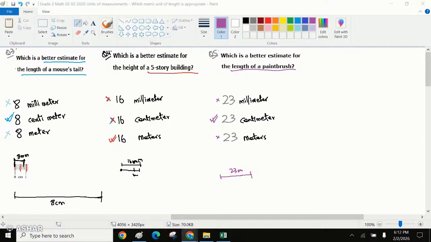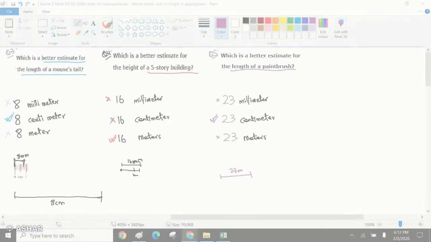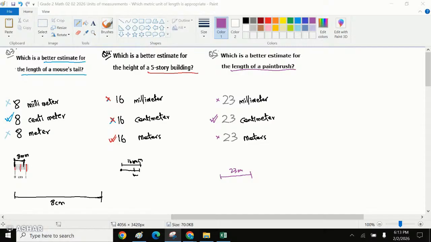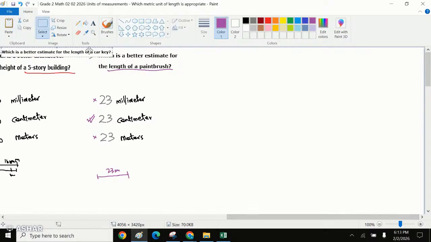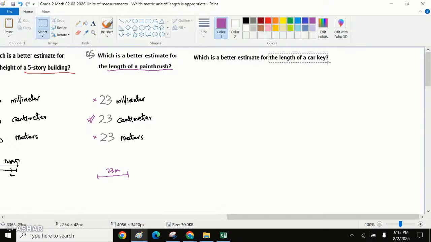Okay. Which is a better estimate for the length of a car key? They are saying if a car key we have, just a moment, please. We have seen a car key, and they're saying for question number 6.